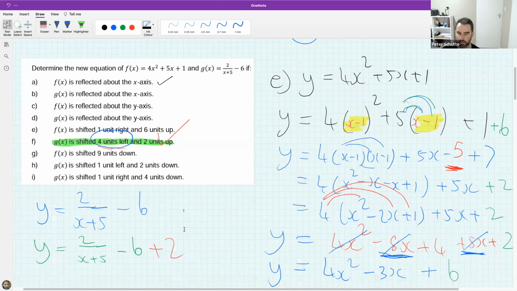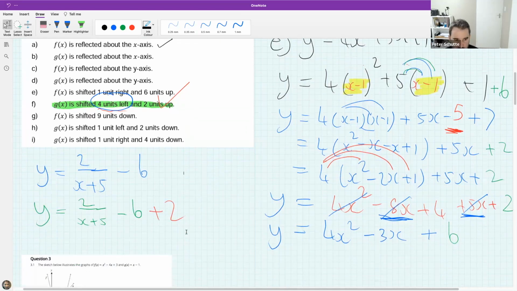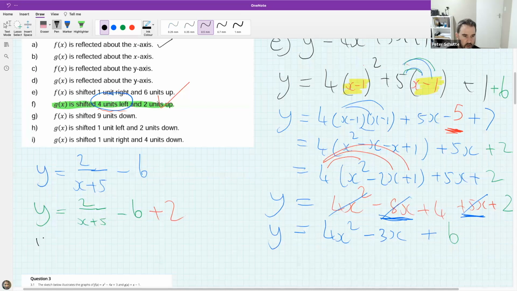We've got x, and x is going to become x plus 4, but there's also a +5 already. And then the -6 plus 2 is just going to become -4.